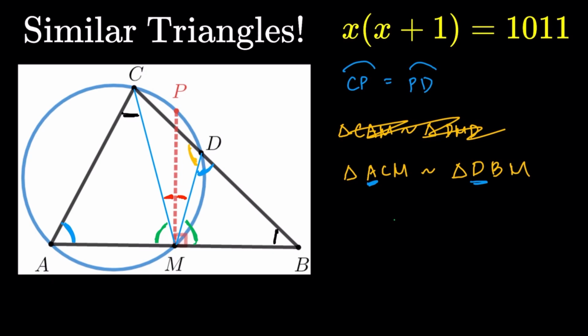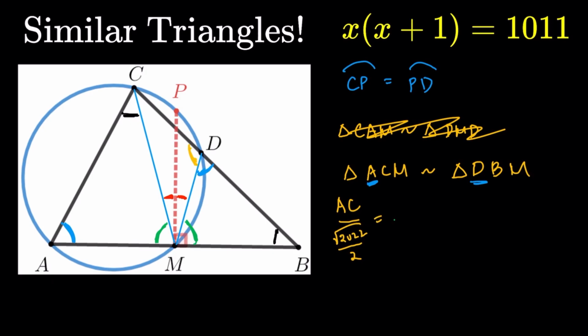Now, let me just write down some possible relationships we could use. Since we're asked about AC, it's obvious that we're going to write in terms of AC as well. So let me just write AC is to AM, which I know is square root of 2022 divided by 2. So that's AC is to AM.